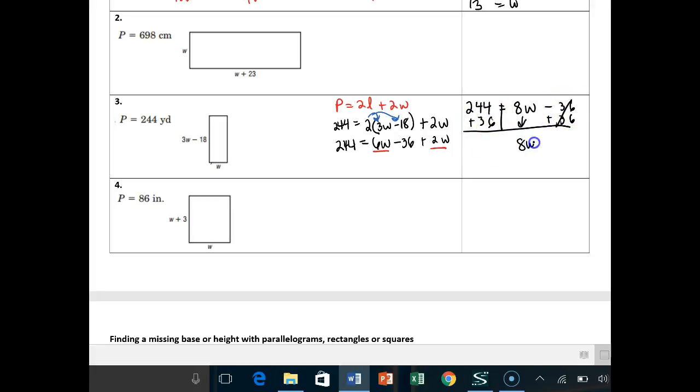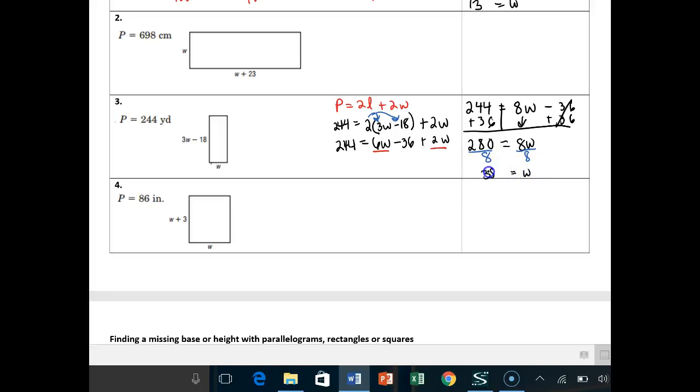I will get 8W is equal to 280, sorry, my fault. And when I divide by 8 on both sides, I will get my answer of W is equal to 35.